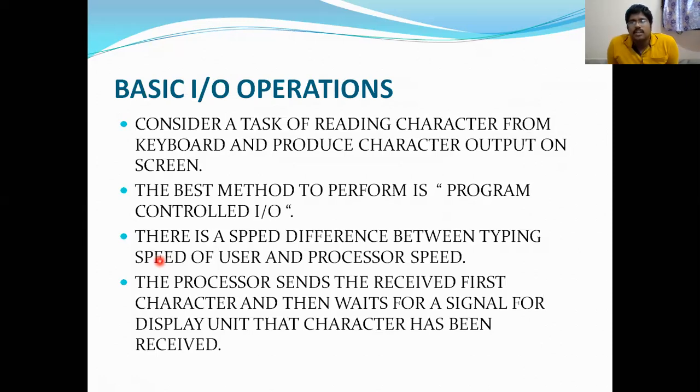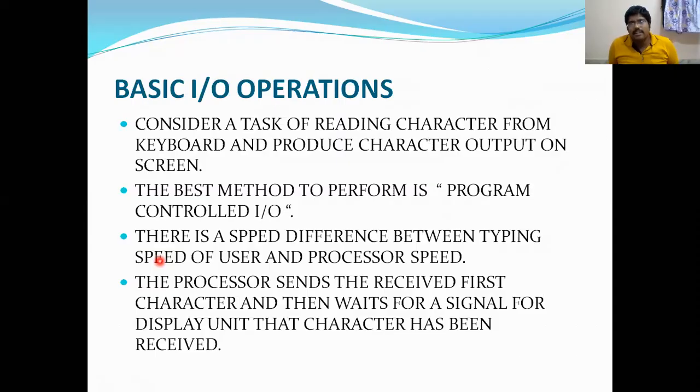It will send that information to the screen, or what we call the monitor. Once it transfers that information from the processor to the monitor, it will wait for the second character to come from the input device.